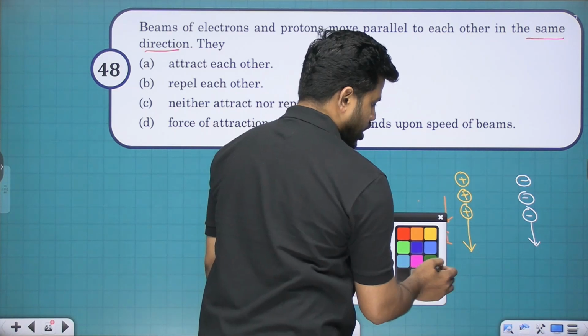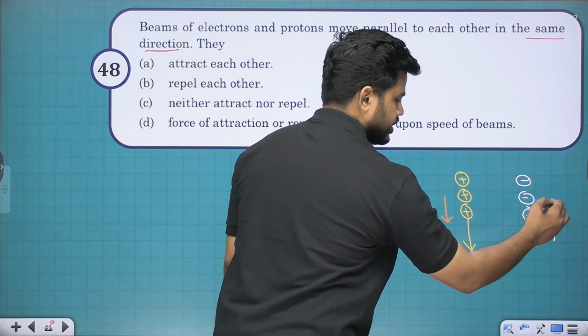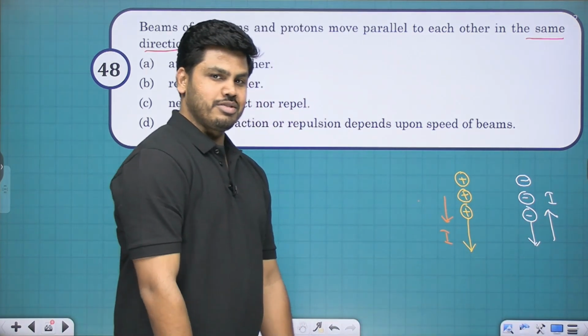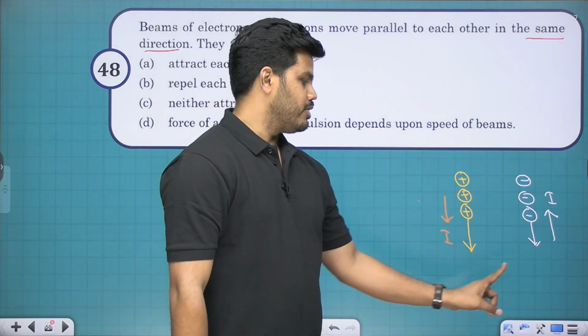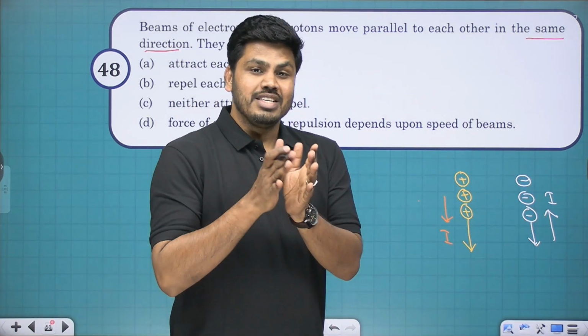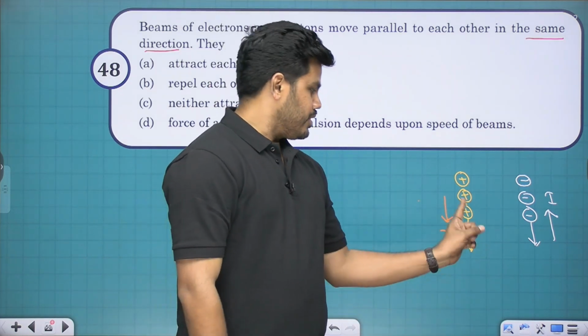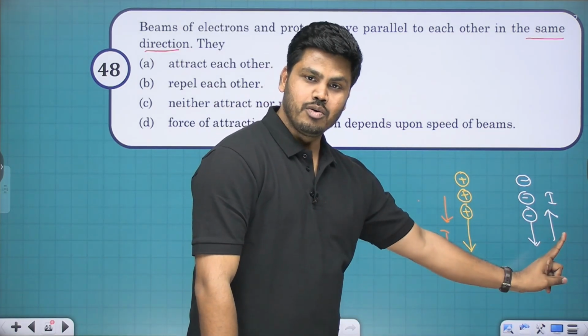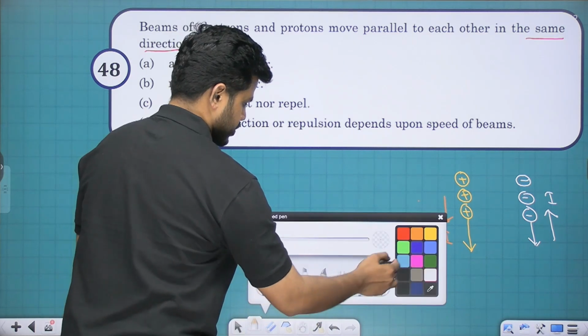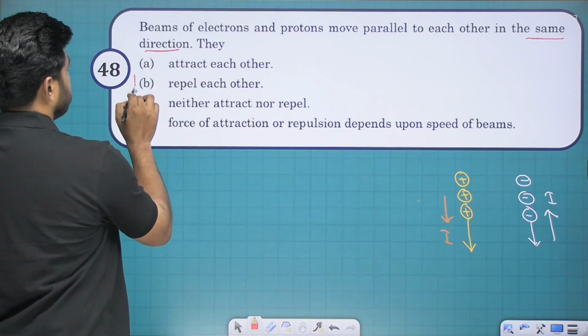Since they move in the downward direction, what about the conventional current? Opposite to the flow of electrons, right? Yes, so current is in the opposite direction. We know same direction currents attract, opposite direction currents repel, right? So since we have opposite currents, what happens? There will be a repulsive force. So they repel each other.